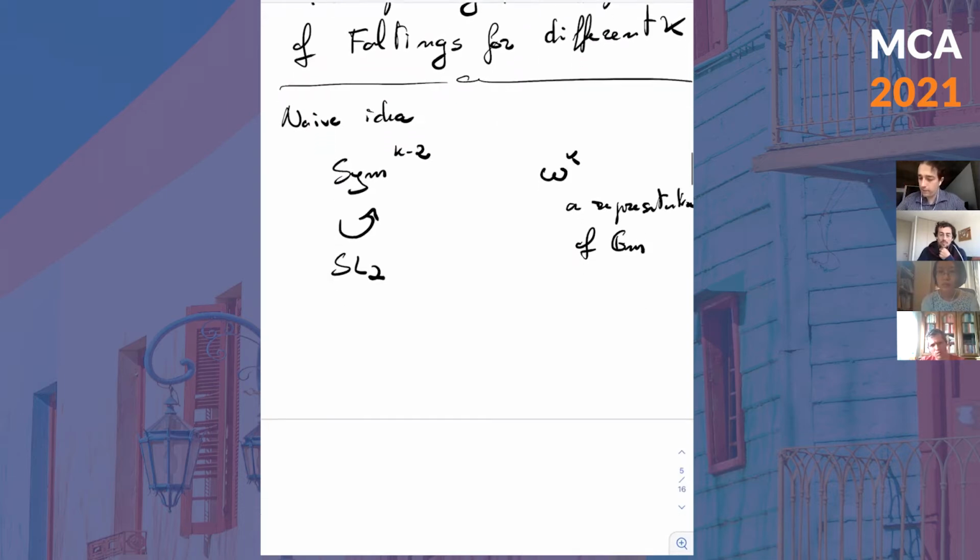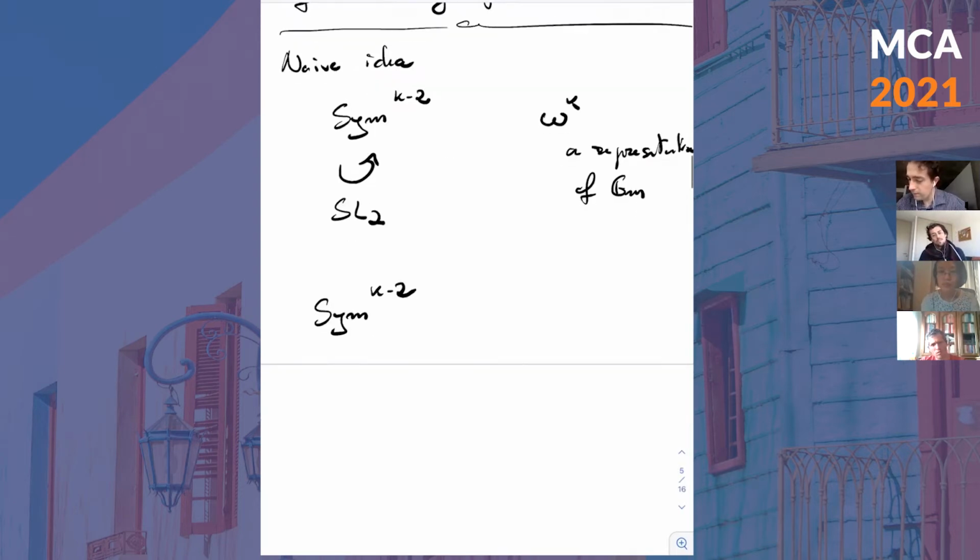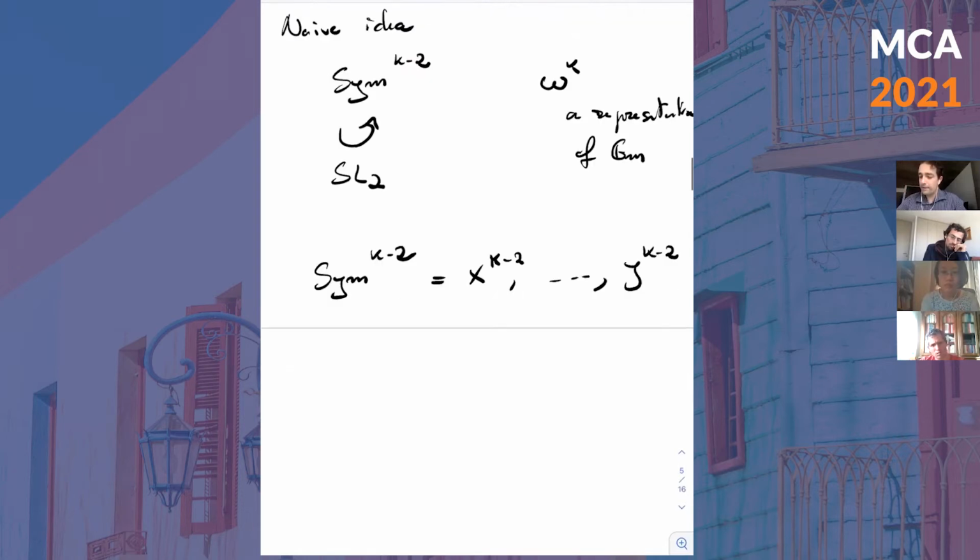So naively, we can decompose Sym^(k-2). This is just X^(k-2), all my homogeneous stuff, Y^(k-2). And naively, let me put a minus 2 also here, I would like to consider the following map. I project to the vector X^(k-2).